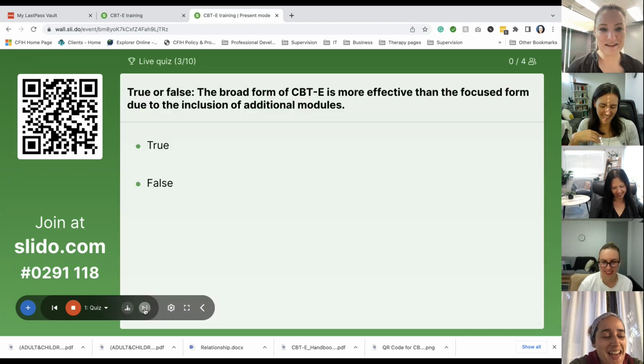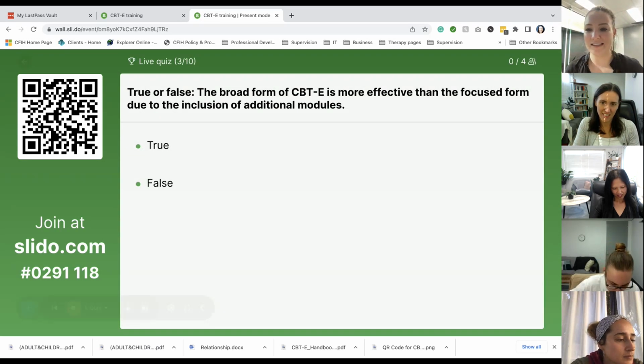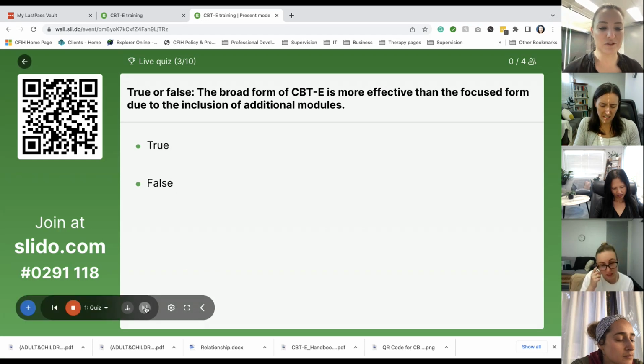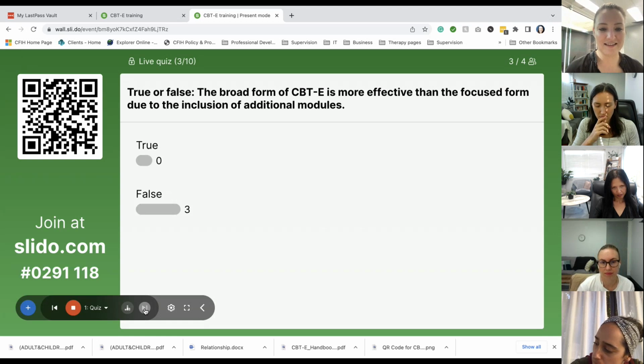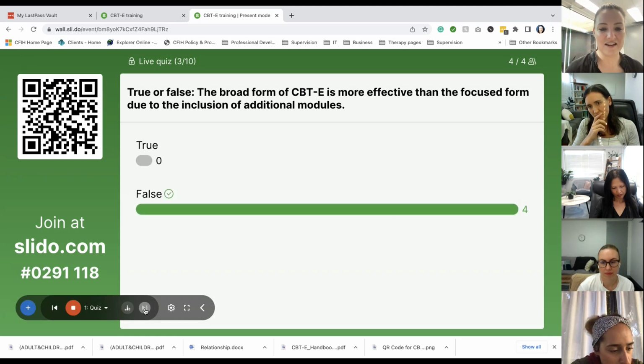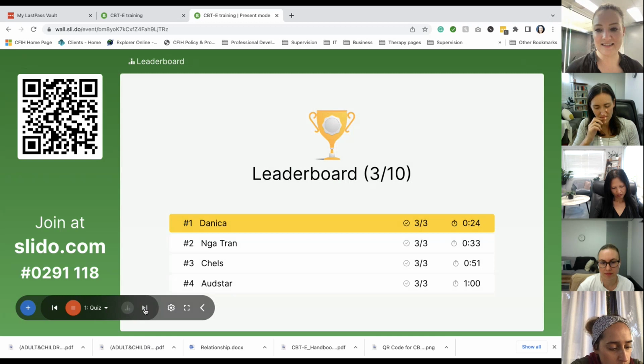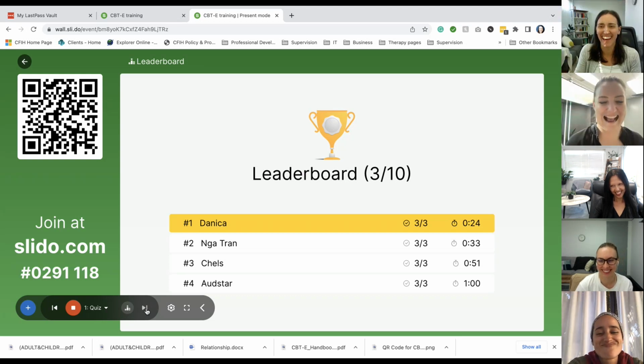Speedy. Number 3, true or false, the broad form is more effective than the focused form due to the inclusion of additional modules. 3, 2, 1. And you're all correct. And Danica's speeding along again.